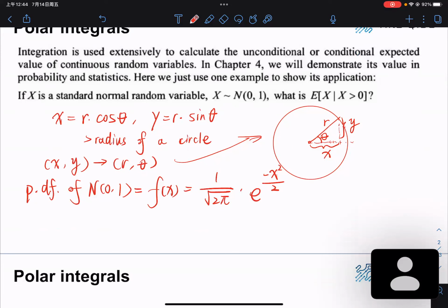And how can we solve this problem if we do not know the polar integrals? Well, it's actually a classic example of using integration by substitution, which we introduced during the last lecture. So we can let u equal negative 1 over 2 x squared.